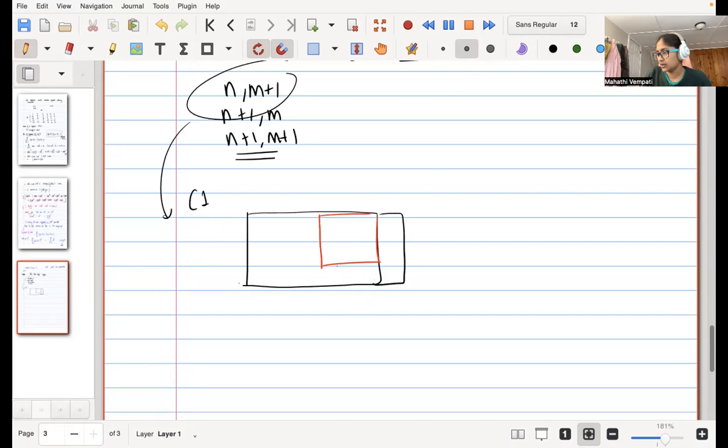Then the maximum is either like this, or this extra, or the original, right?